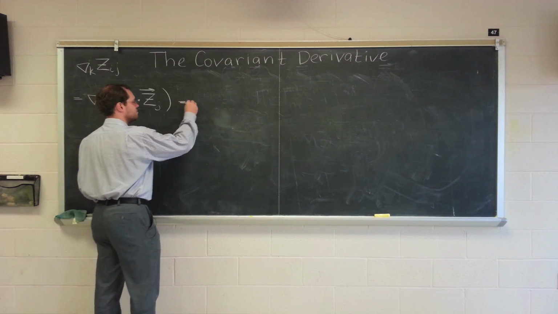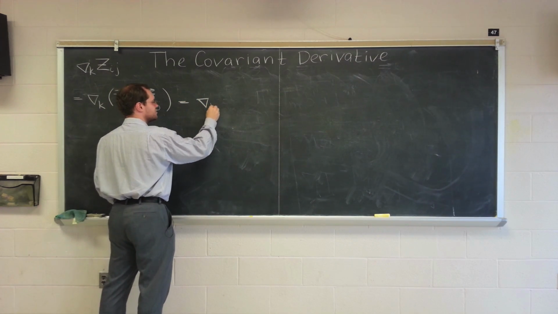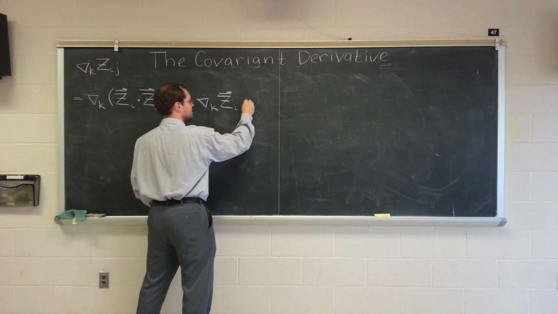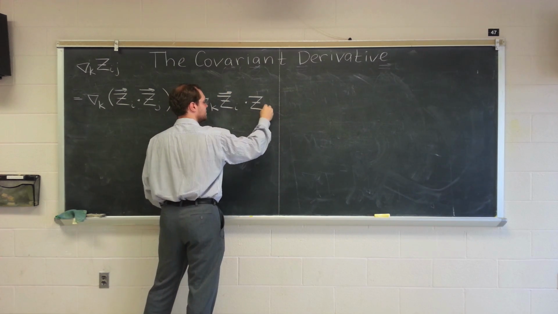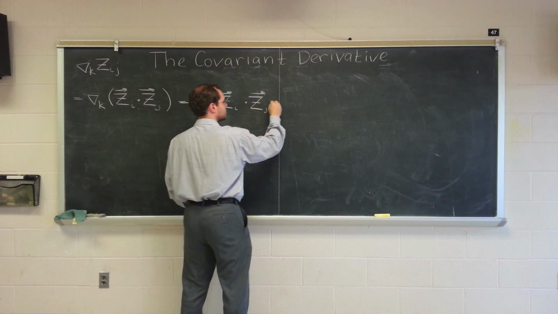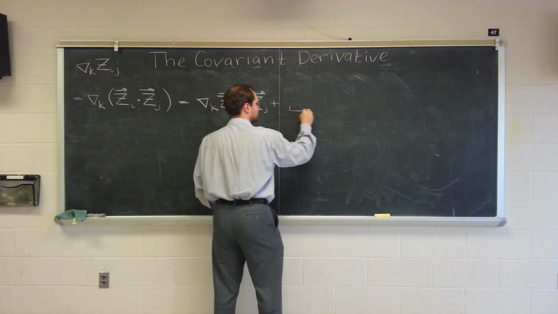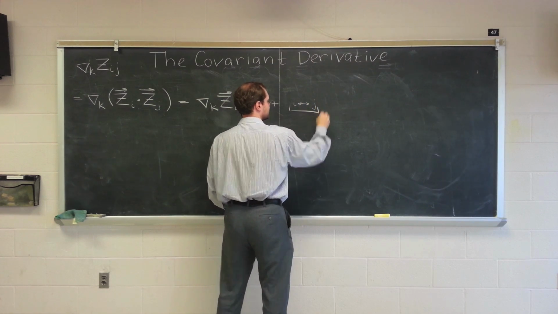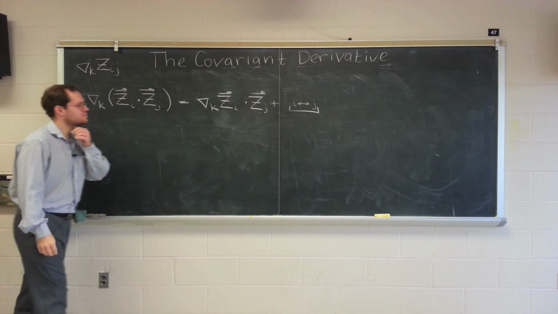And of course, by the product rule, it's the covariant derivative along k of Zi dotted with Zj, plus the same sort of thing, just i and j replace each other. Symmetric terms.